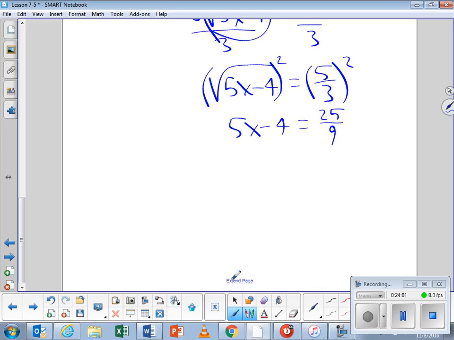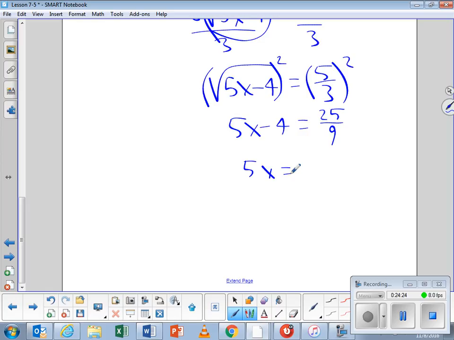I heard somebody over here say it. Add 4. So 5x is equal to, do you agree that 4 is 36 ninths? 36 divided by 9 is 4, right?